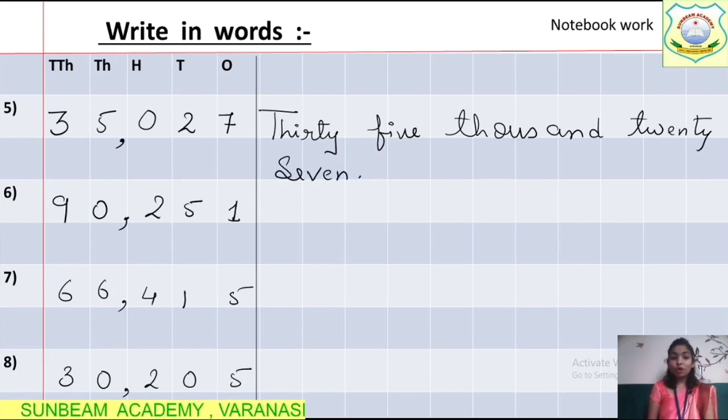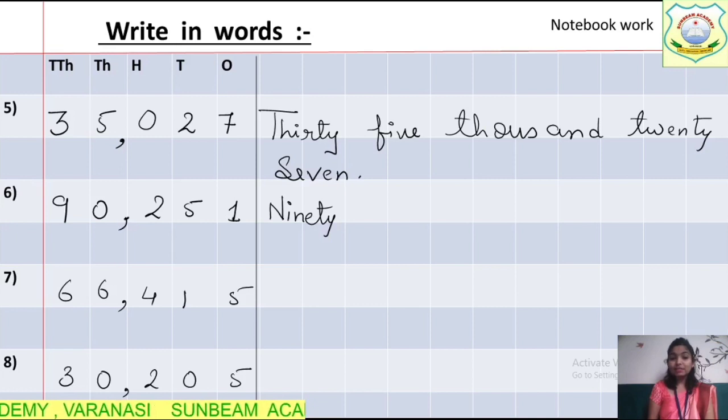90,251. So we will write in the same form 90. NINETY. 90 है तो पूरा 9 लिखेंगे then TY. NINTY is wrong. That will be ninety.